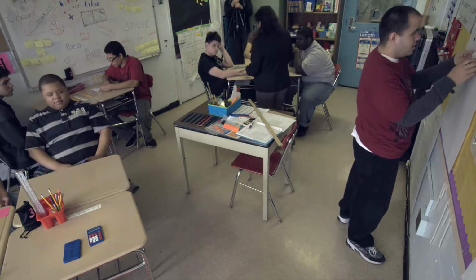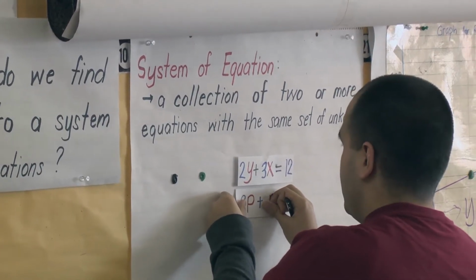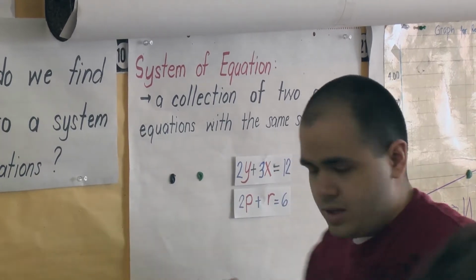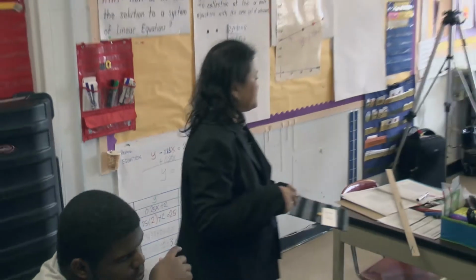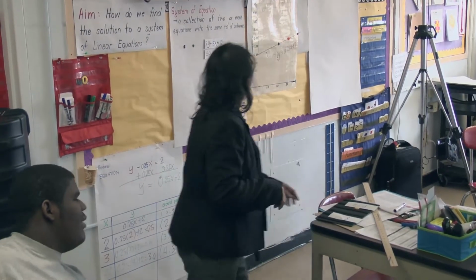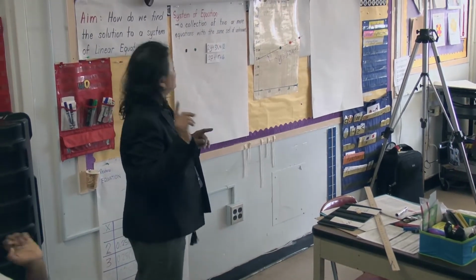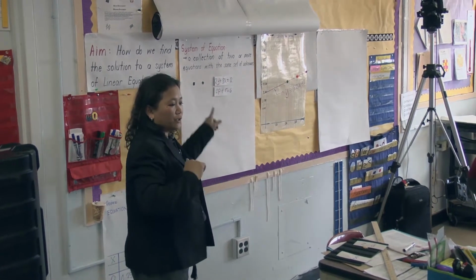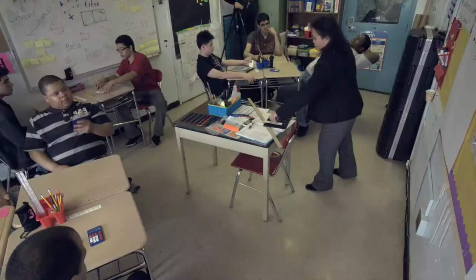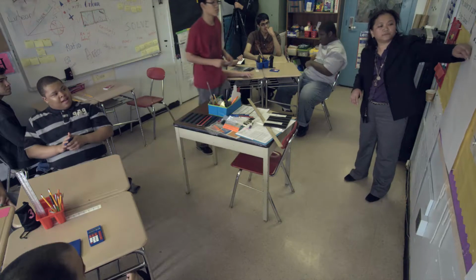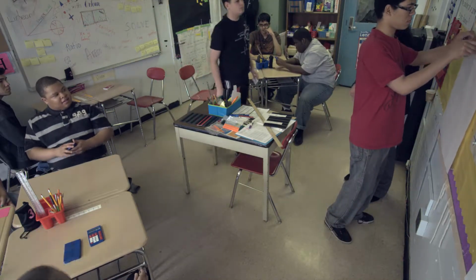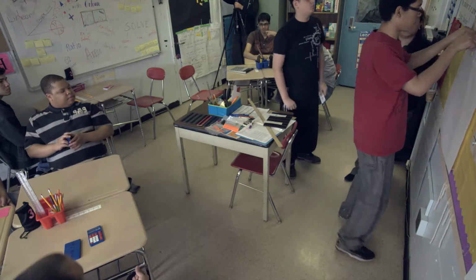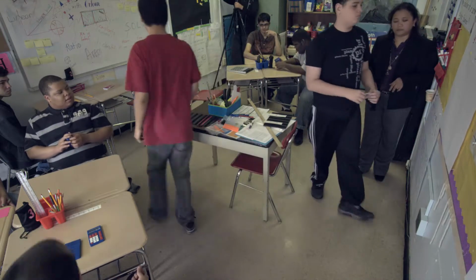One equation, Malachi. Very good. Is this an equation? No. I don't have any equations. Alberto, can you put the equations that you have on the board? Malachi, please. Let's put equations.